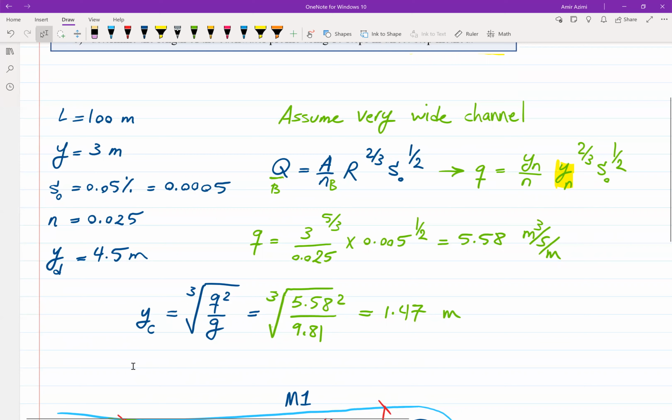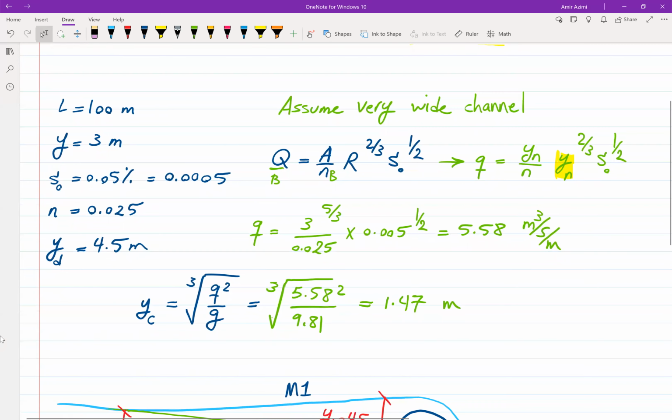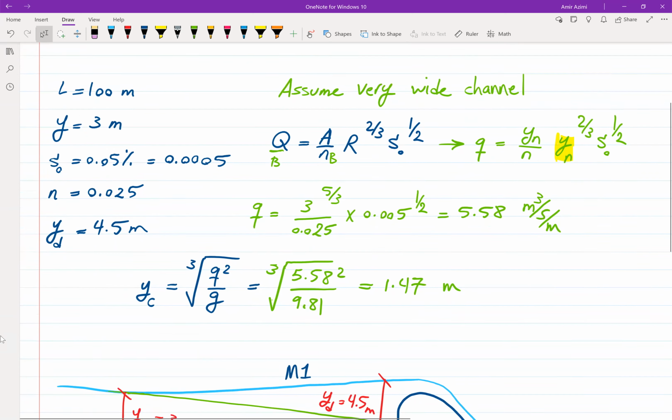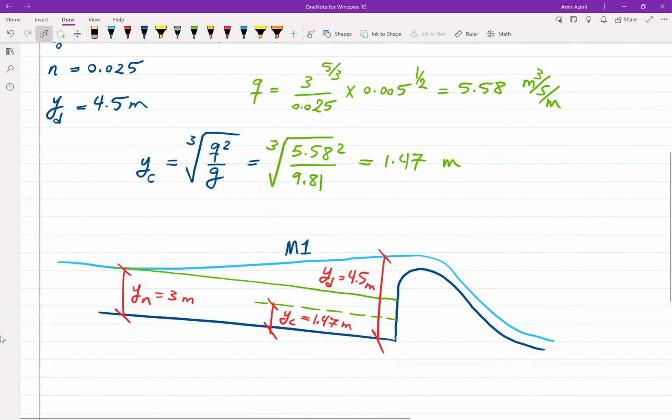So that gives us the discharge. And then here we have the critical depth in a rectangular cross section, which is q squared divided by g, and then the cube root. So you will get the critical depth of 1.47. So this is the schematic of the channel. We have the normal depth equal to 3 meters.